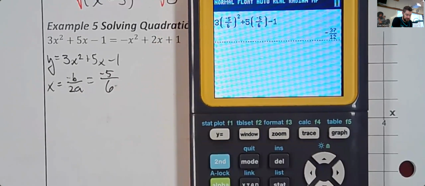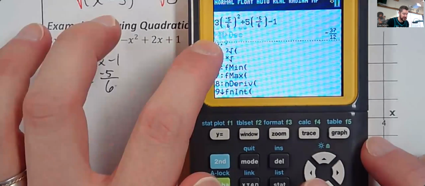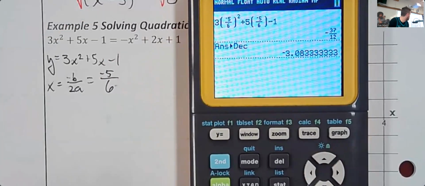Now, that's not super helpful for me. I know that's going to be like -3-ish. Actually, it's going to be just a little bit less than -3. It's like -3 and 1/12, I think. But if we change our fraction to a decimal, yeah, -3.0-ish. So it's basically -3.